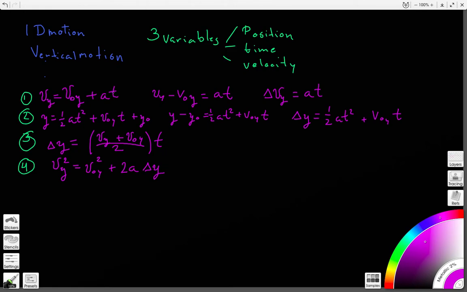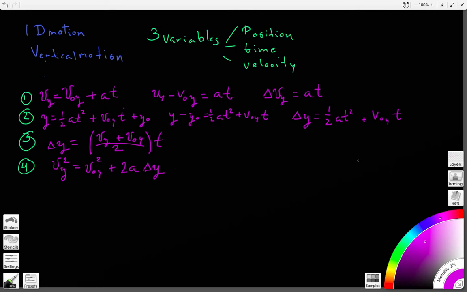Look at it: equation 1 has time, equation 2 has time, equation 3 has time, and equation 4 does not. It's only relating my velocity, my initial velocity, my acceleration, and my change in position between 2 points. So this final velocity will obviously have to do with my change in position. These are the 4 equations that we'll be using for vertical motion.